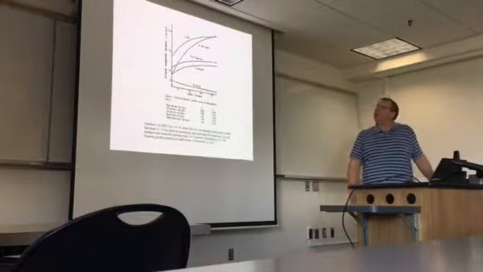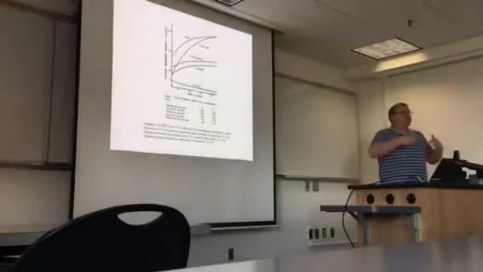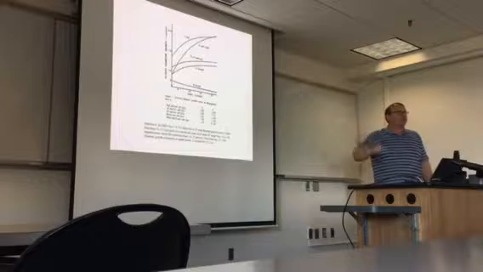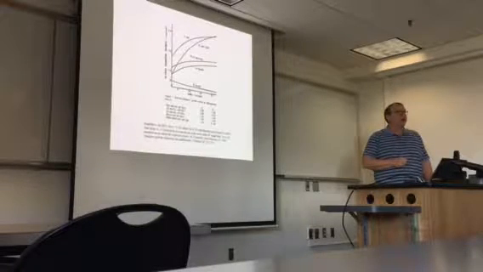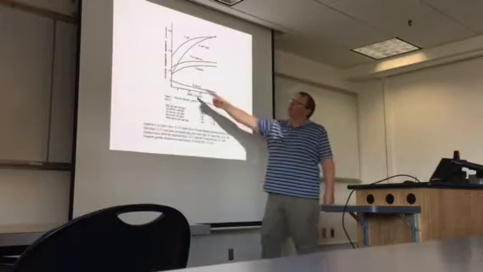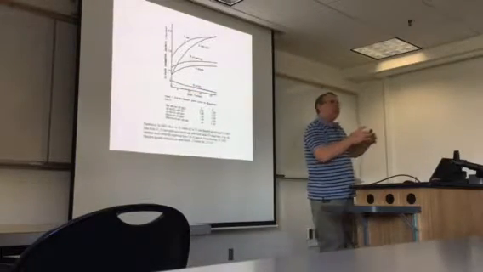Here's an example of someone who did a stand table projection, collected those data like I'm describing, and then fit regressions to the data. So on this axis, they have 10-year diameter growth. That would be the last 10 years.